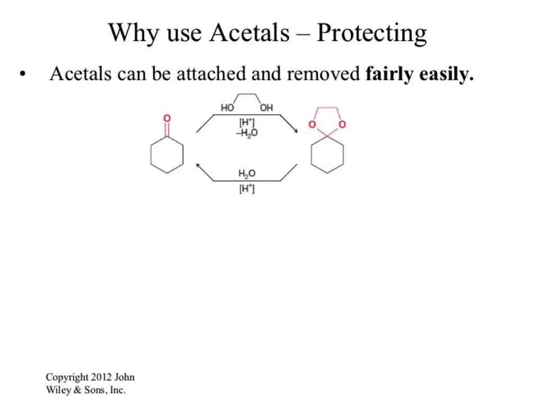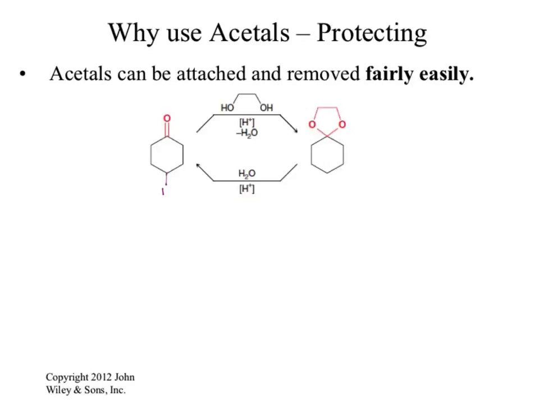The last one's particularly relevant. Okay. We can go through and convert that carbonyl over to the acetal. Well, why do I care? Carbonyl is reactive. Okay. It is susceptible to what? Other nucleophiles.